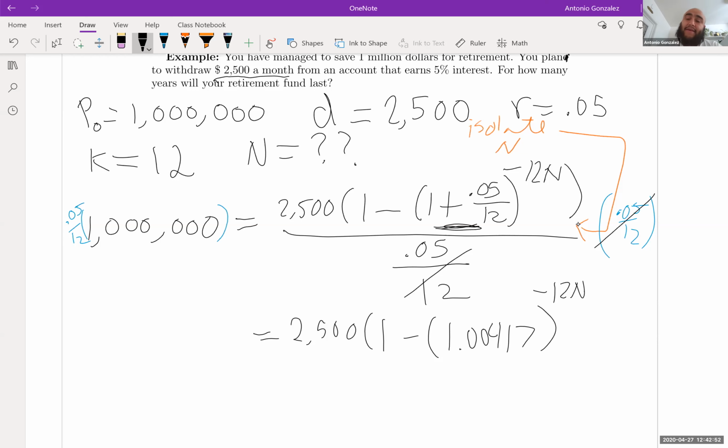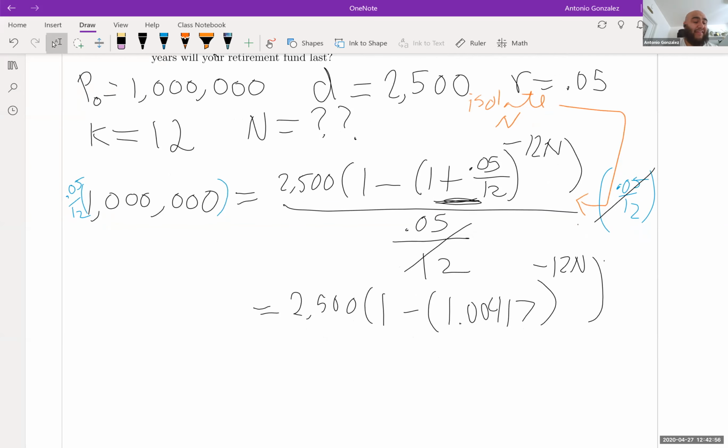Okay. So now on the right side here we have 1,000,000 times 0.05 divided by 12. And on the left side, we have 4,166.667.